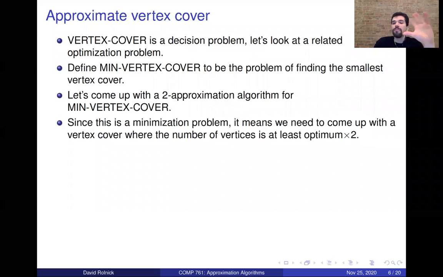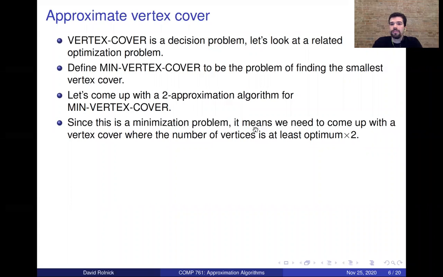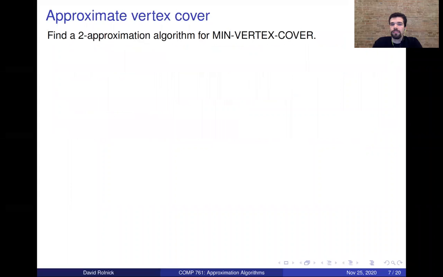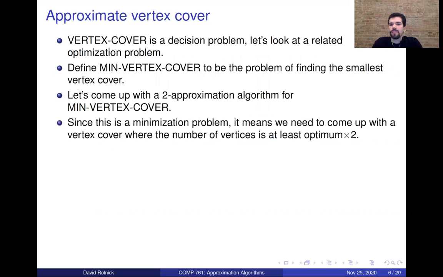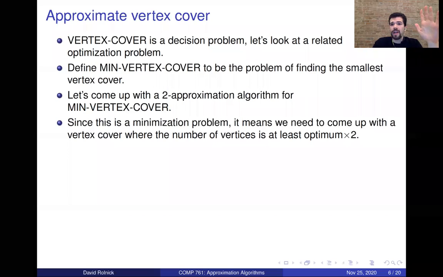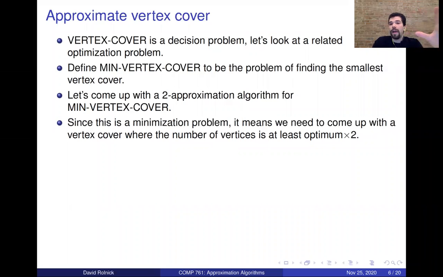We need to be off by at most a factor of 2. Are there any questions about this? We'd like to come up with the smallest possible vertex cover, but that's going to be hard. So let's come up with an approximation. So we're off by at most a factor of 2.